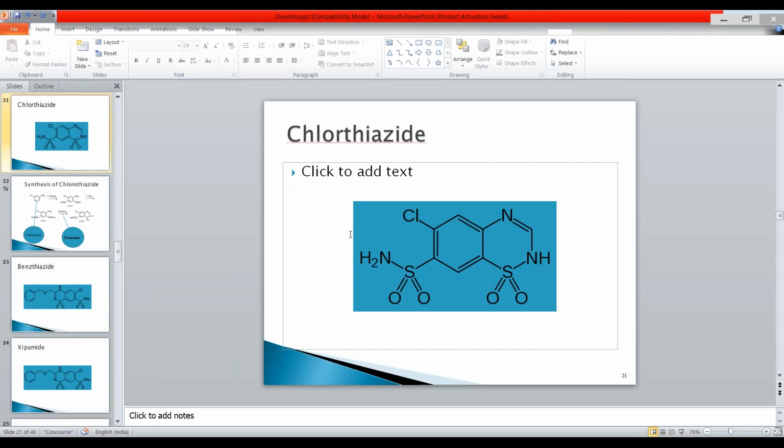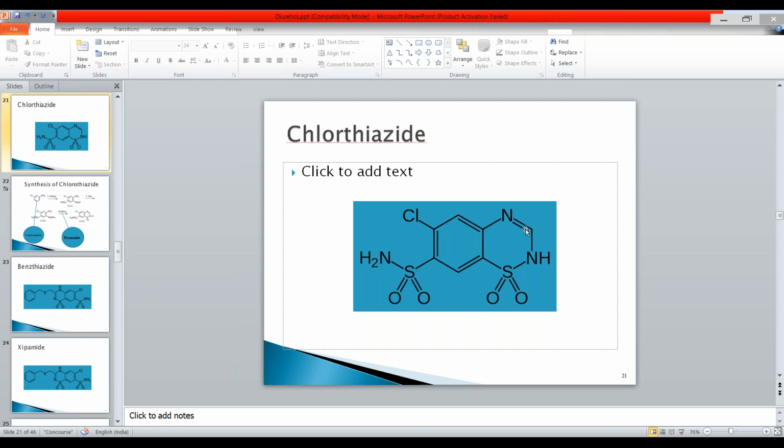Next point, absence of a carbon-carbon double bond between third and fourth position. Here, this double bond.